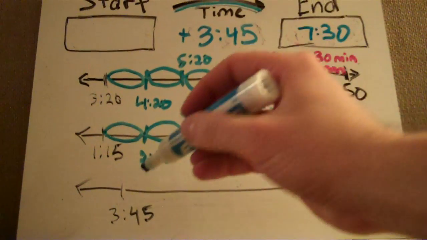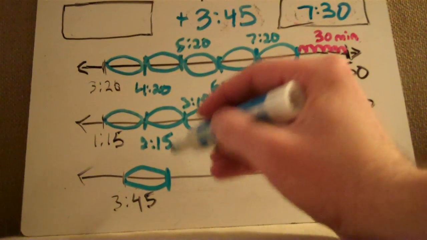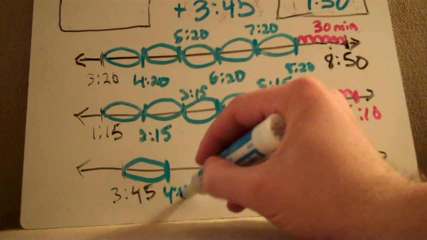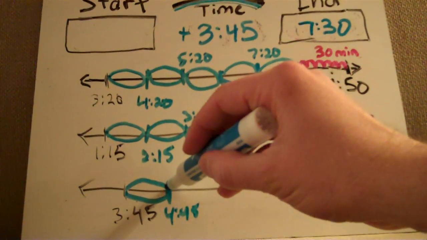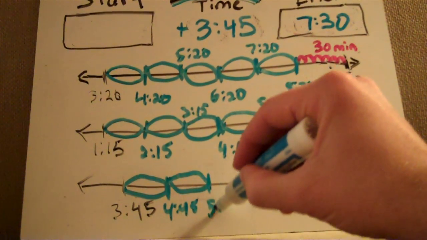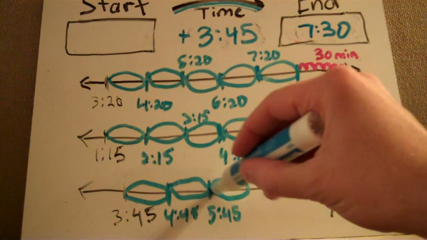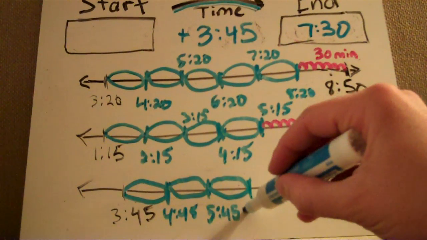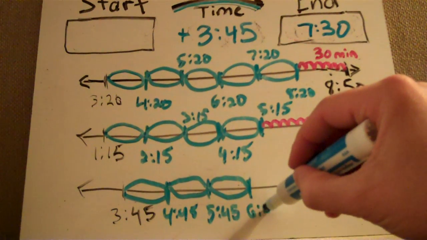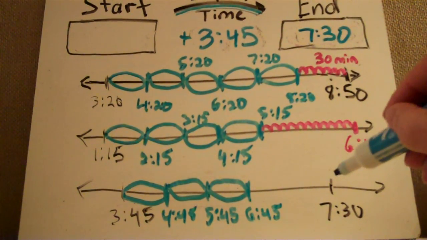So here we go. 1 hour would make it 4:45. Another hour would make it 5:45. 3 hours would make it 6:45.